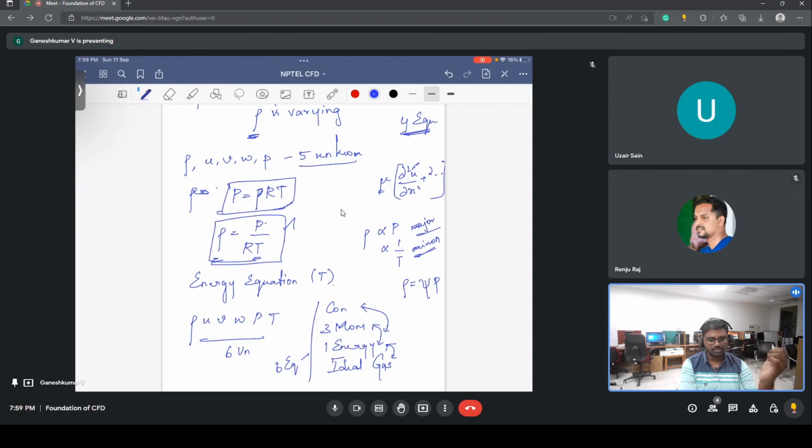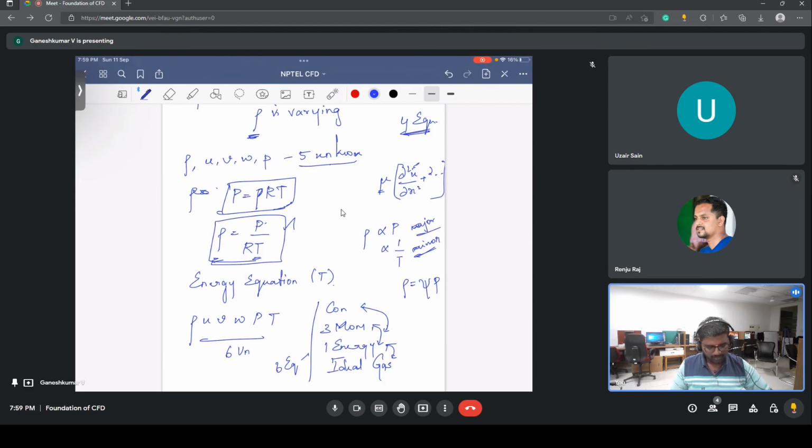Let's say for a CD nozzle case, the pressure and temperature both vary, and density also varies. So there is no way you can say that it has less dependence on pressure and more dependence on temperature.